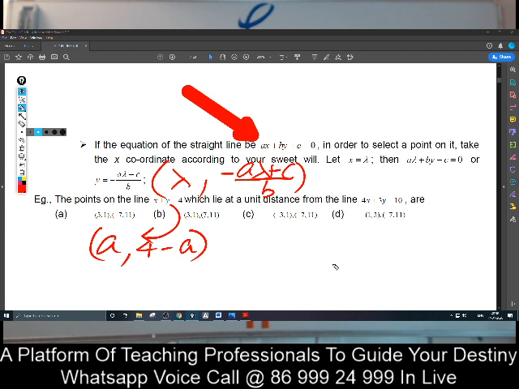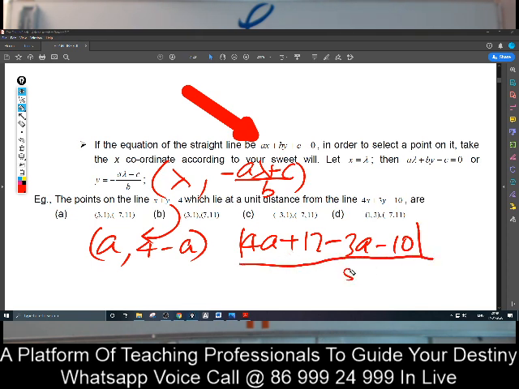Perpendicular distance formula, please. Modulus of 4a plus 3 into 4 minus a, I am writing directly 12 minus 3a, minus 10, divided by 5, is given to be 1 unit. Now let us simplify this.